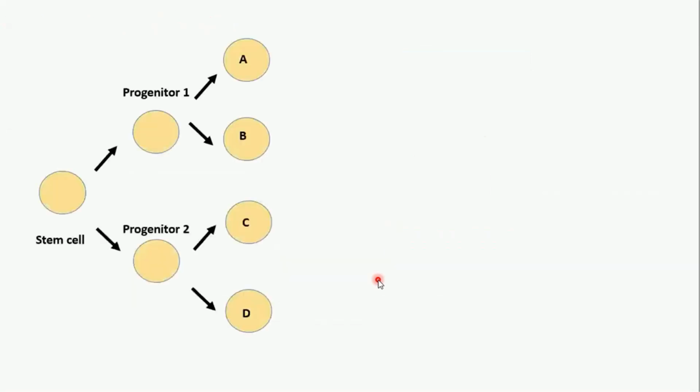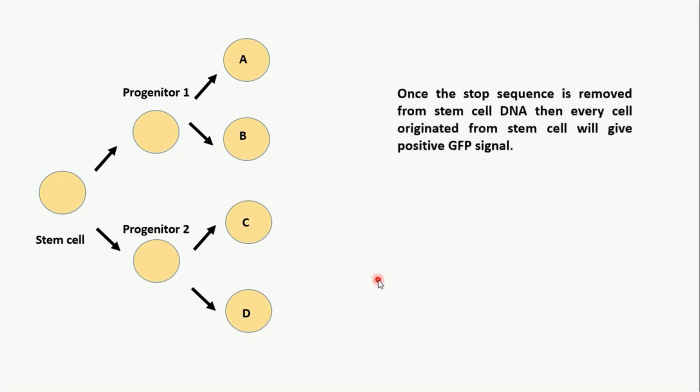So finally, we analyze here. In the whole lineage, once the stop sequence is removed from the stem cell DNA, every cell originating from the stem cell will give a positive GFP signal, because here we have removed the stop signal. Once it gives two progenitor cells, they also don't have that stop signal, so they will also become green.